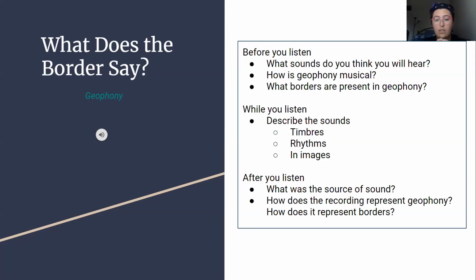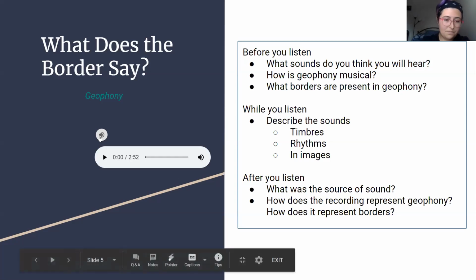And then we're not going to think about where the sources of sound come from, any representations or abstract ideas. We're just going to focus on the timbre, rhythm, and possible ways of visually conceptualizing these sounds. All right.